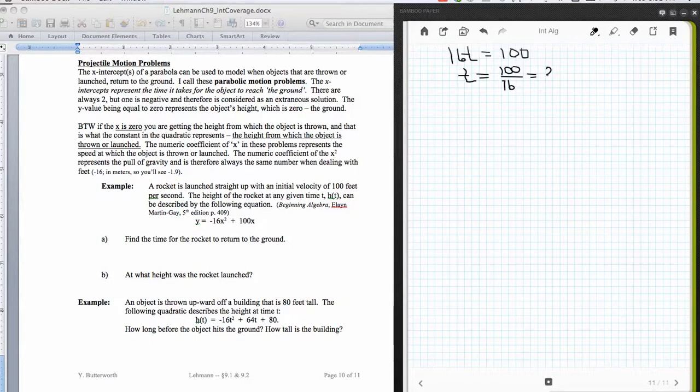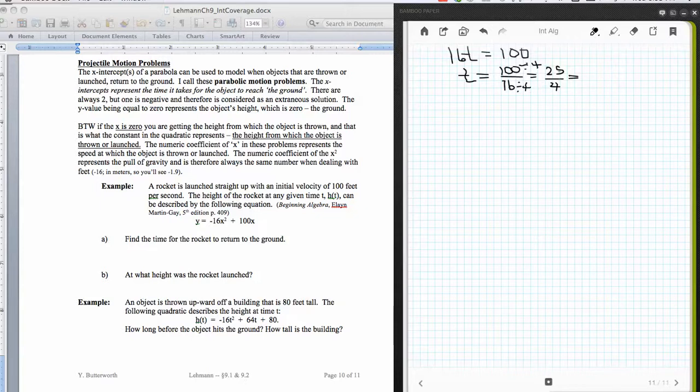Then I'm going to reduce this by dividing by 4. 4 goes into 100 25 times, 4 goes into 16 4 times, and then I'm going to divide that out so that I get a fraction or a decimal, depending upon which way you want to look at it.